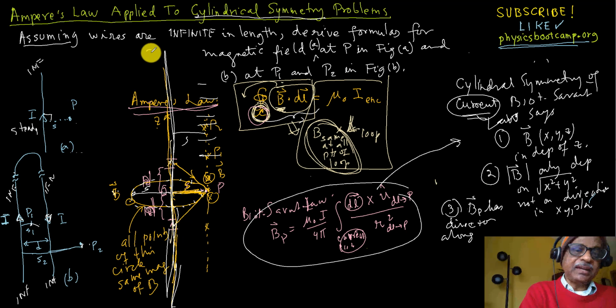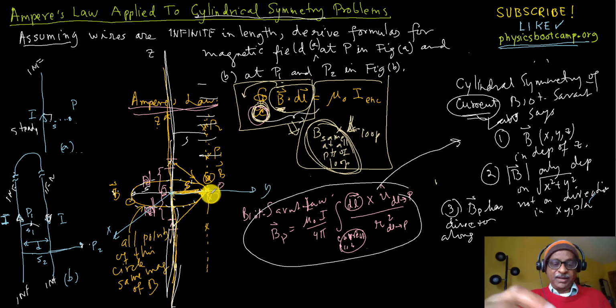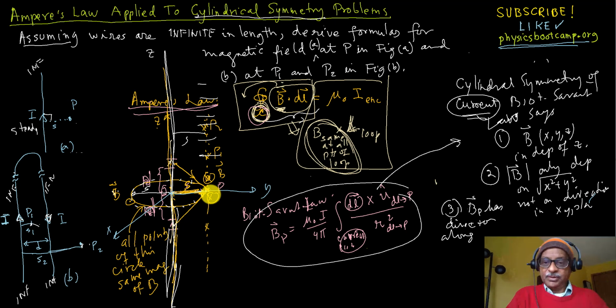So if this was the z-axis, and say I call this x-axis and call this y-axis, B at P has a direction along phi, u hat phi, the unit direction phi, or phi hat.